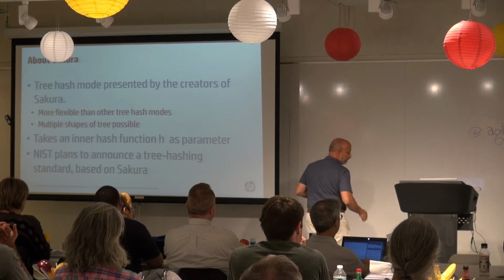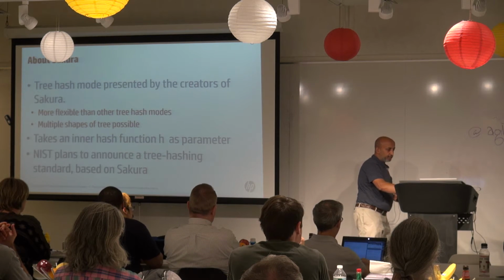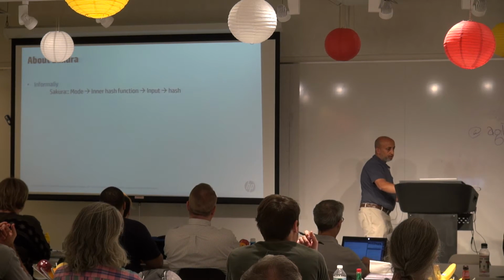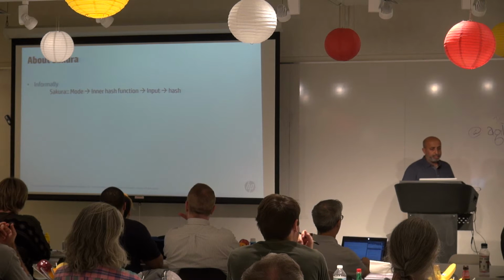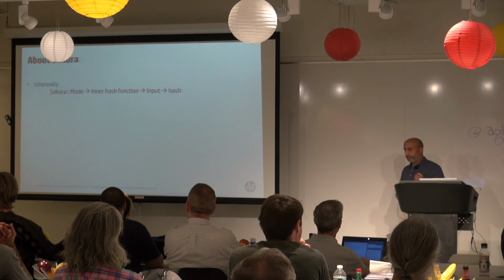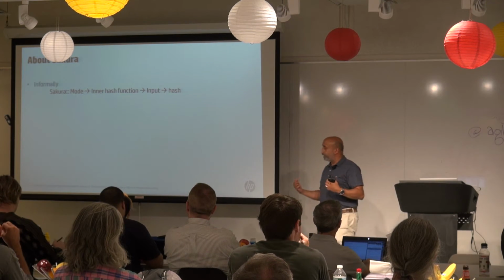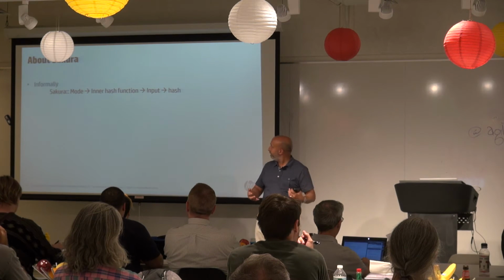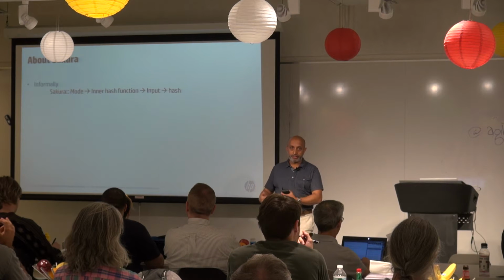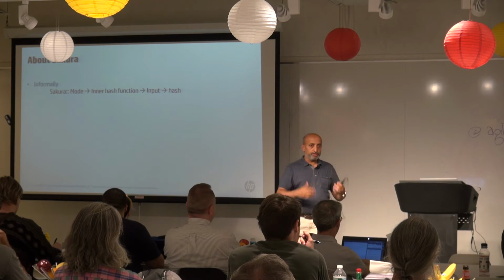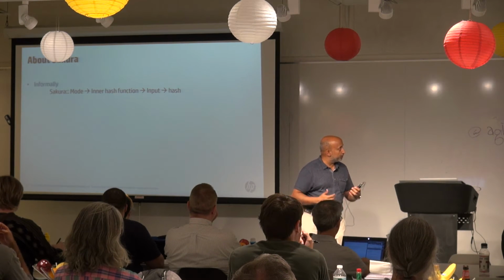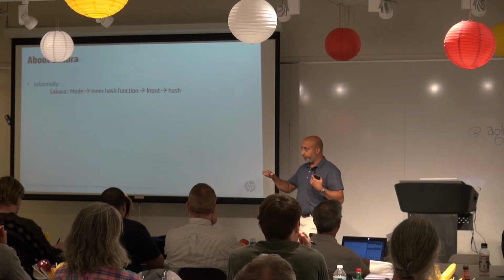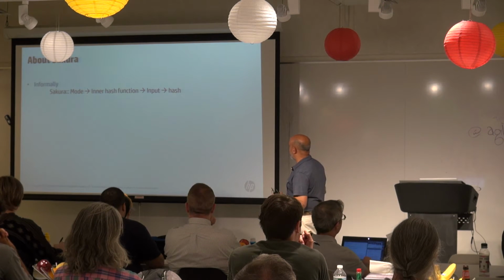You're not restricted to just using Keccak. So basically, a Sakura is something that takes a mode. A mode is something which tells you how to shape the tree. It takes an inner hash function, like your favorite hash function, say SHA-384 or Keccak or something, and it takes an input and it returns a hash value.